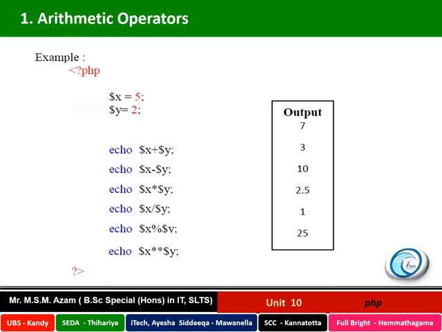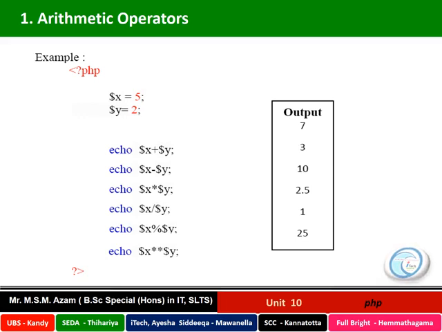First, performing the addition. X plus y. X value 5, y value 2, therefore 5 plus 2, 7. Then the output is given as 7. Then x minus y. That means 5 minus 2, that is 3. Then x into y, that is 5 into 2, 10.